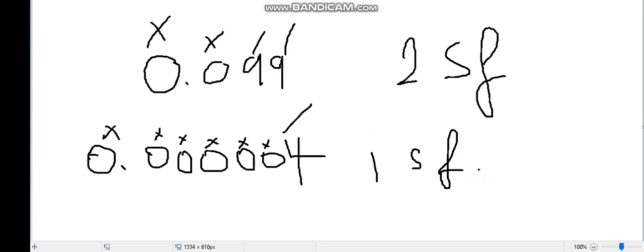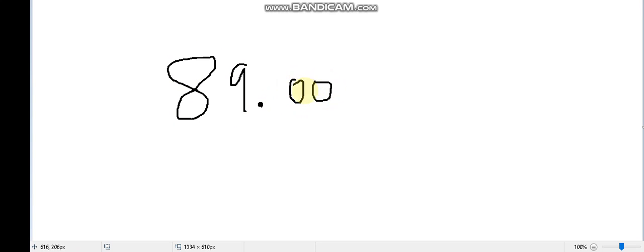Let's go for the third rule. Zeros at the end of a number and to the right of a decimal point are significant. So let me say 89.00.